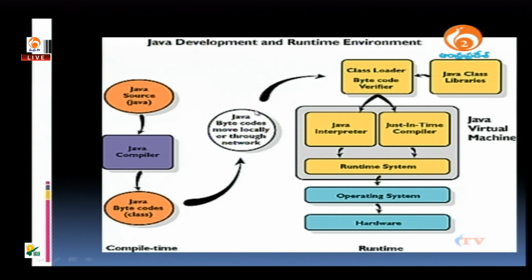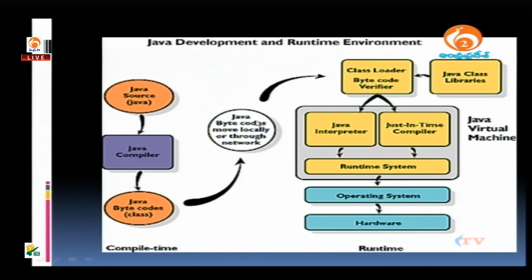The class loader and bytecode verifier are a part of the JVM. First, the bytecode verifier verifies whether this bytecode is syntactically correct or not. If it is syntactically correct, it hands over to the class loader.